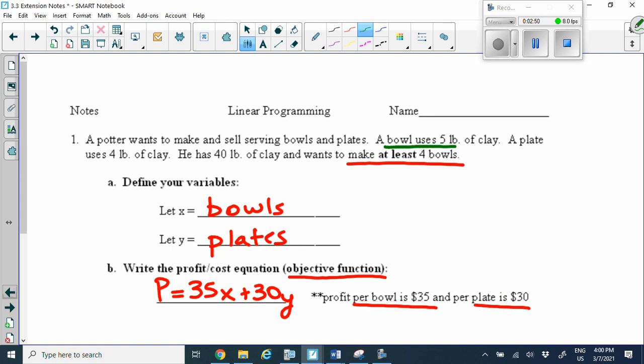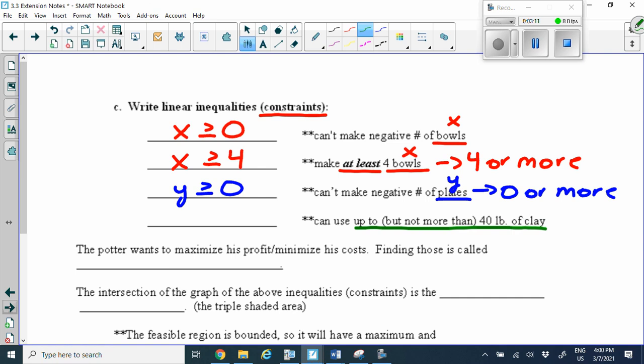So a bowl uses 5 pounds while a plate uses 4 pounds of clay. So that means we'll have 5x plus 4y, and then we're going to use an inequality to represent we don't want more than 40 pounds of clay. Basically, the potter doesn't have more than 40 pounds of clay, okay?